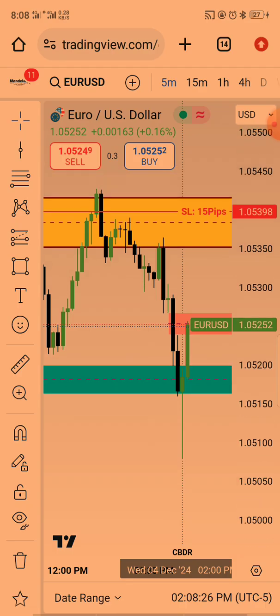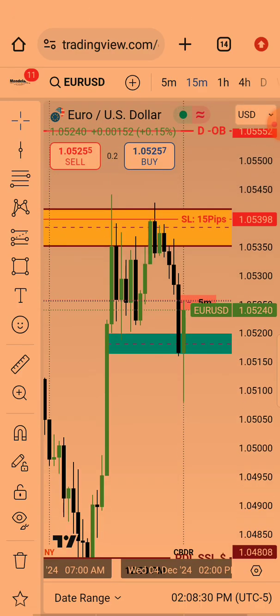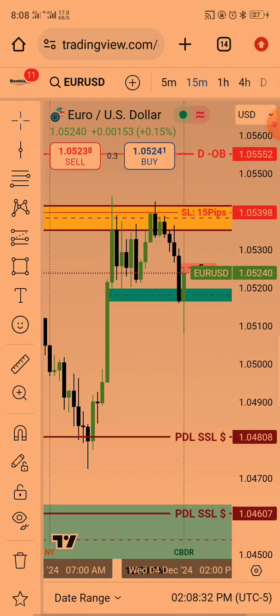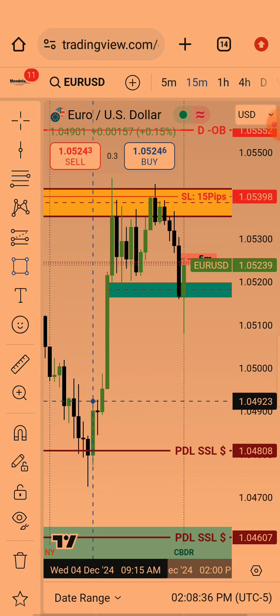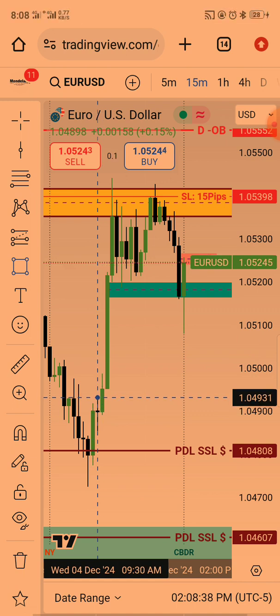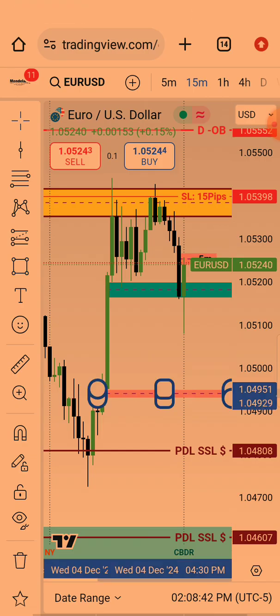What I'm looking to see is that my first TP will be here. This is a fair value gap again. On the 15 minutes, this is a discount fair value gap.